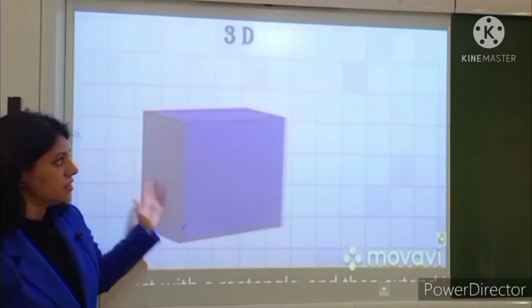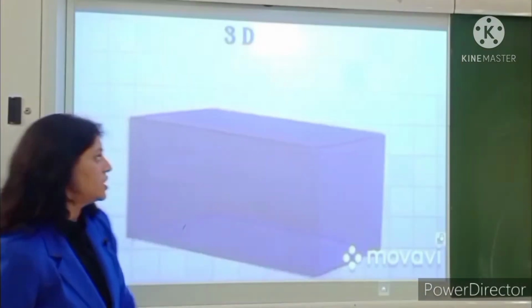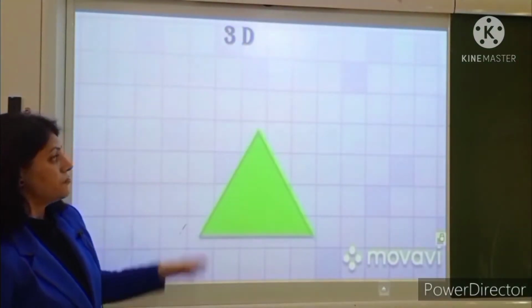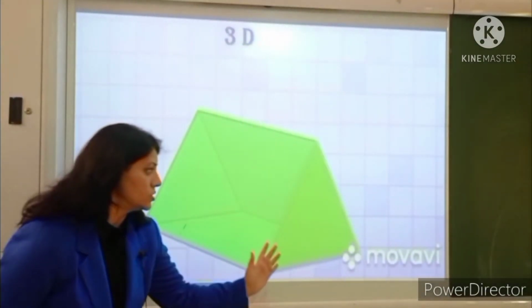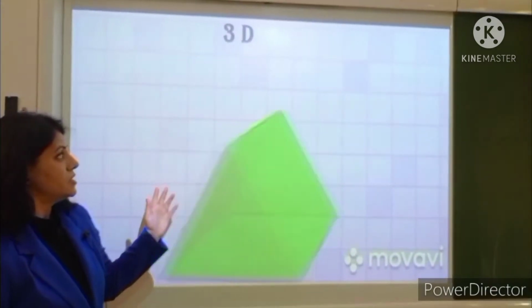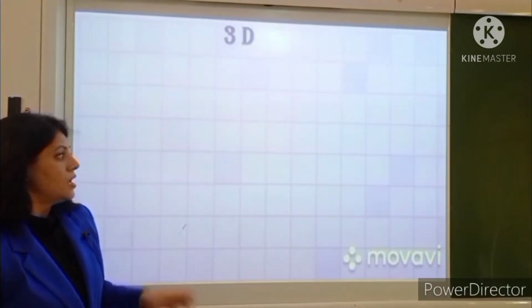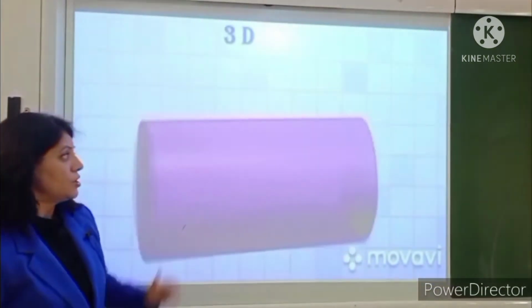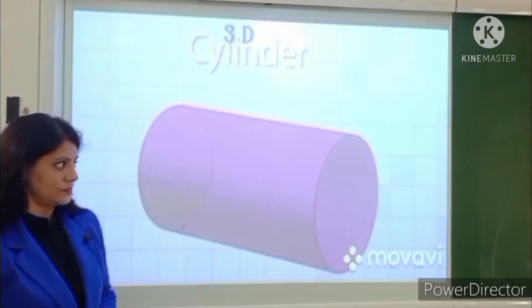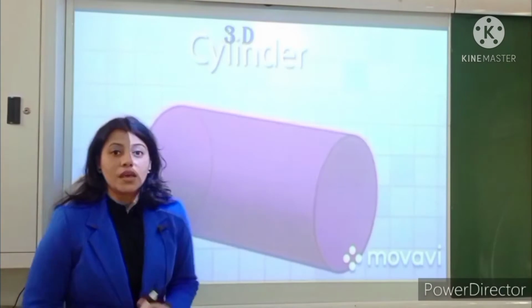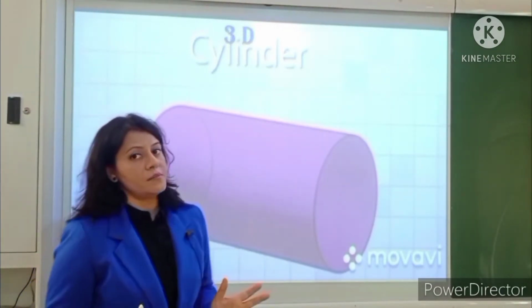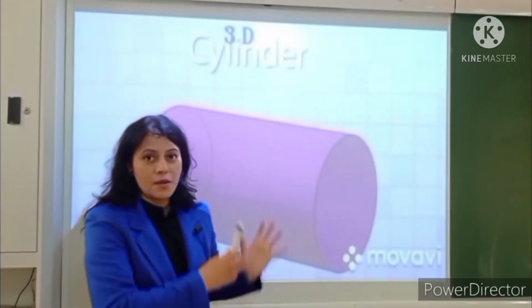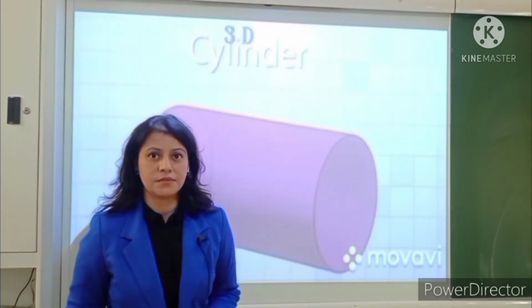If we take a rectangle and extend it along the 3rd dimension, we obtain a rectangular prism. If we take a triangle and extend it along the 3rd dimension, we obtain a triangular prism. And if we take a circle and extend it along the 3rd dimension, we obtain a cylinder. So, in this way, we obtain the 3-dimensional objects, and the volume is the space occupied by these 3-dimensional objects.